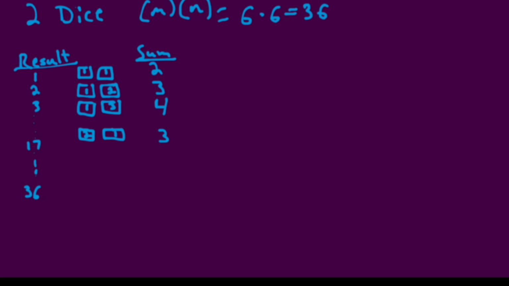And continuing on, we'd see more and more repetitions, right? 2 and 2, and so on, until we get to the bottom, and we'd have a 6 and a 6 with a sum of 12, an outcome of 12. Okay, so the key point here is, let me just fill in one more.